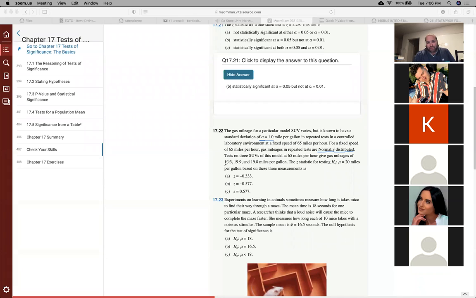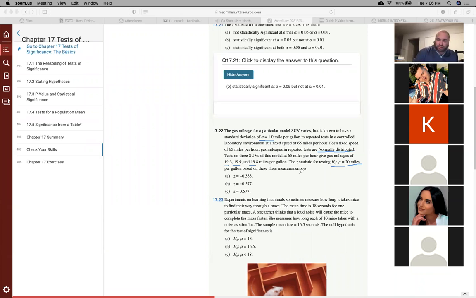And we have 3 test results of 19.3, 19.9, and 19.8. We want to test whether or not mu is equal to 20 miles. And the question is, what is your Z statistic?